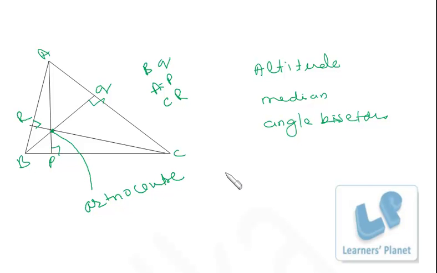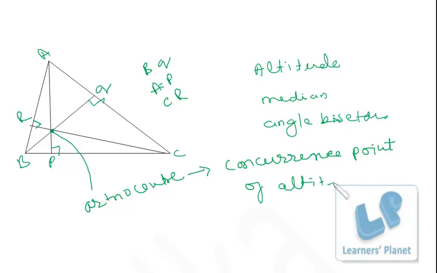That is, the concurrence point of altitudes is known as the orthocenter. And what is an altitude? It is the height of the triangle, that is, if you drop a perpendicular from a vertex to the opposite side, that is the altitude. So here AP, BQ and CR are all altitudes of this triangle.